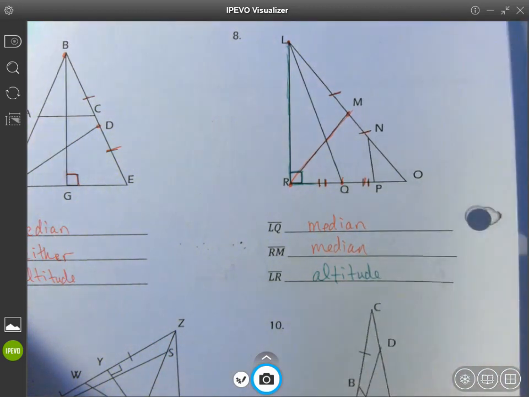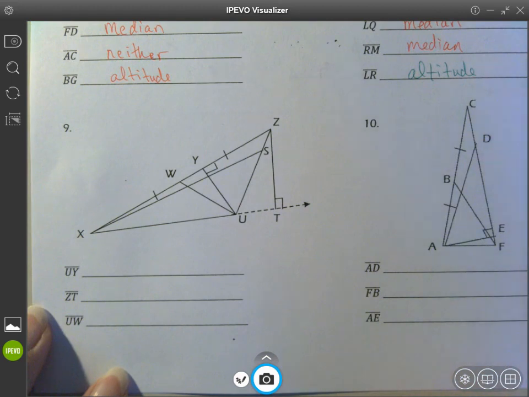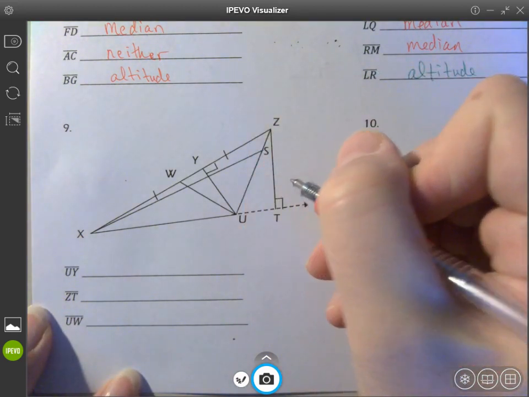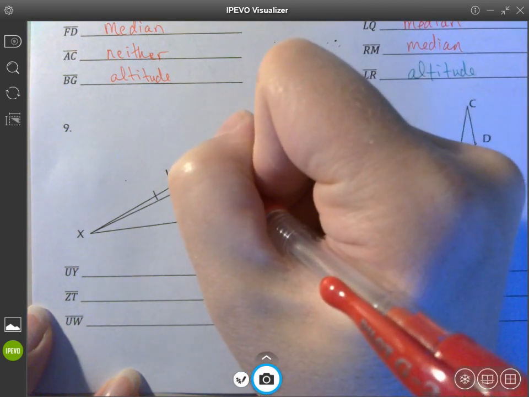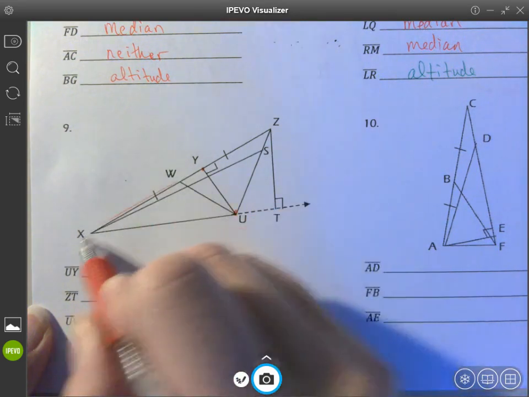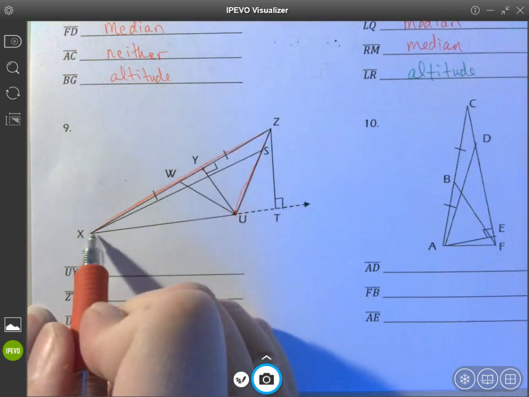All right, so next triangle, a little bit tricky. So let's find UY. Your triangle is out here. It's a little bit hard to see. This is your triangle because there's a lot of segments going on.